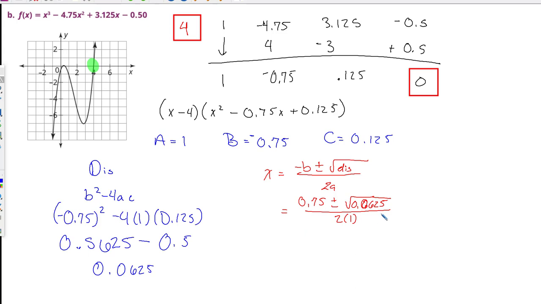And so when we take the square root of 0.0625, we get 25 hundredths. And so we have 0.75 plus or minus 25 hundredths divided by 2.